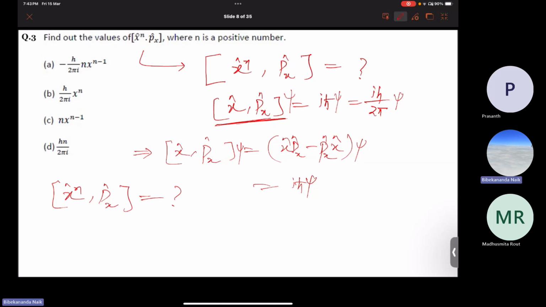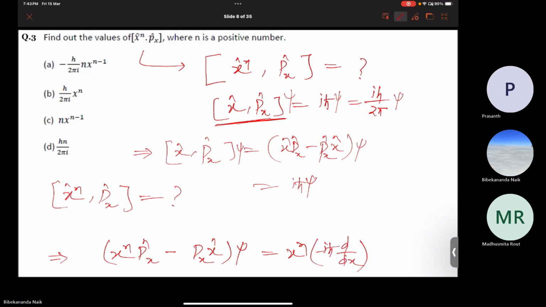So how can we solve it? It will be x to the power n px cap minus px x to the power n, into psi. So it will be x to the power n, and we know px cap has the form minus i h cross d by dx into psi, minus, i h cross d by dx into x to the power n psi.